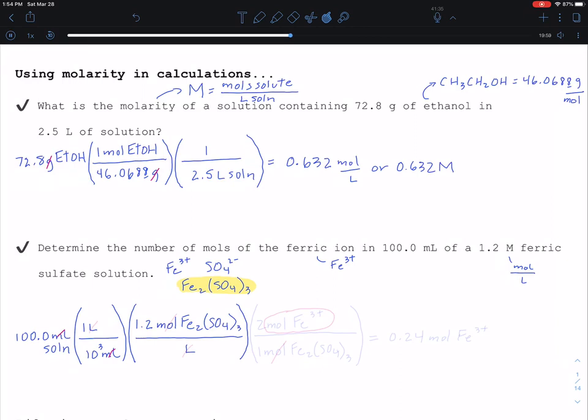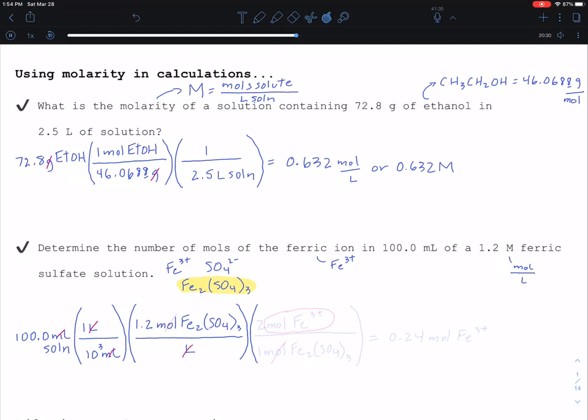I have 100 milliliters. So I technically have 0.1 liter, right? 0.1000, because all of those zeros are significant. But the concentration is 1.2 moles per liter. If I only have 0.1 or a tenth of a liter, do I have a full 1.2 moles? No. So that's what's going on here. So now my liters are going to cancel out.